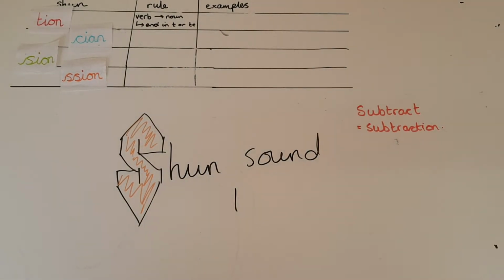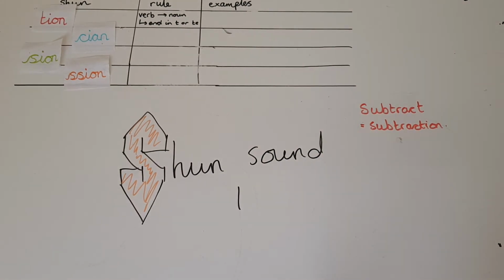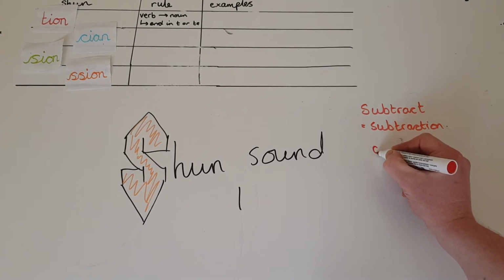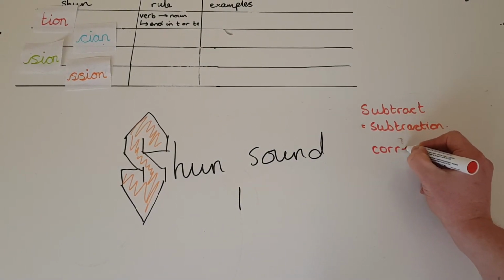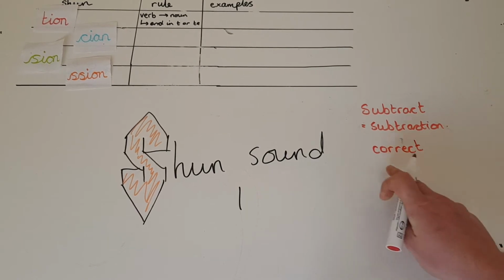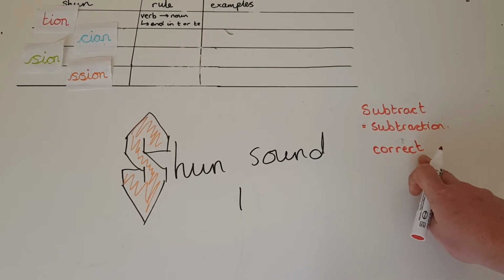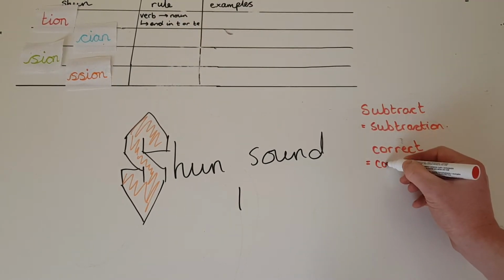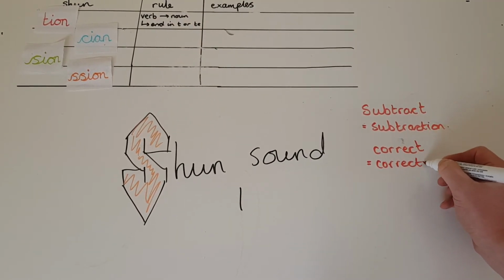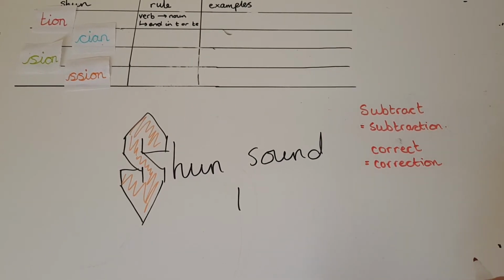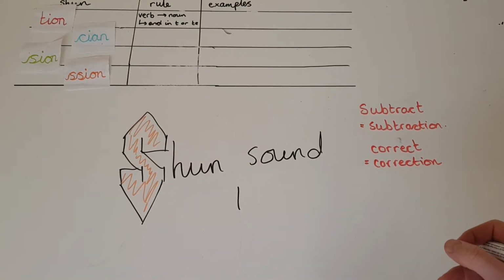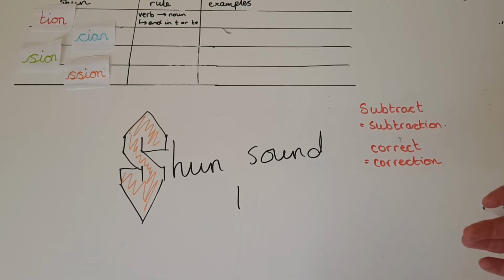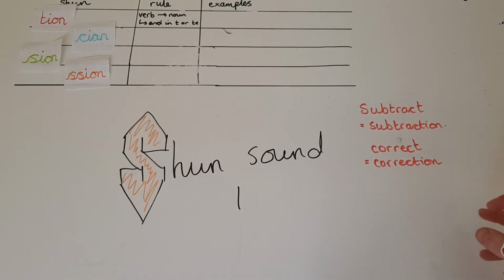You could put that inside your examples as well. Another example that we could use is correction. If we go back to that root word, correct, it is a verb ending in a T, so therefore I'm going to use the tion: correction. Another example is attraction.